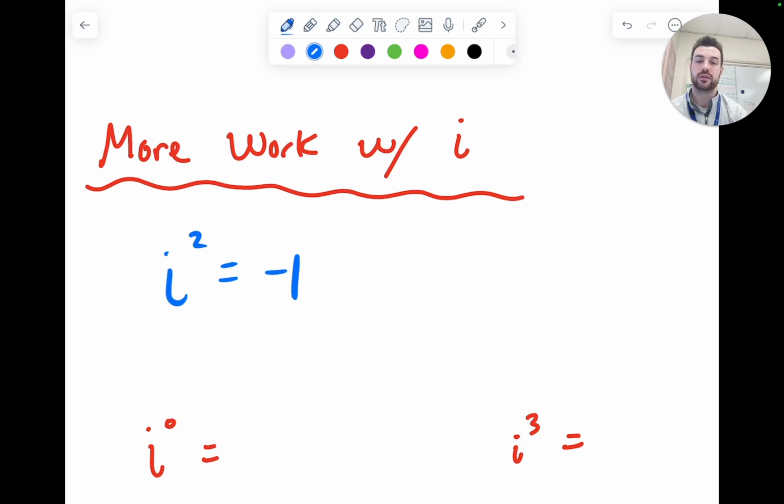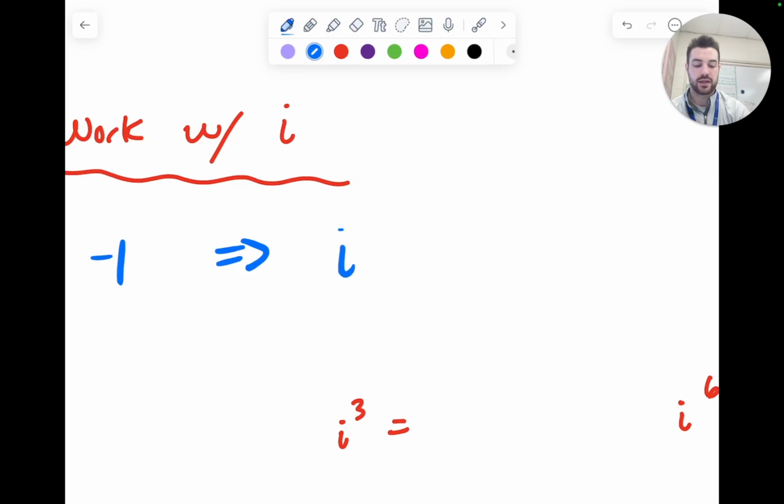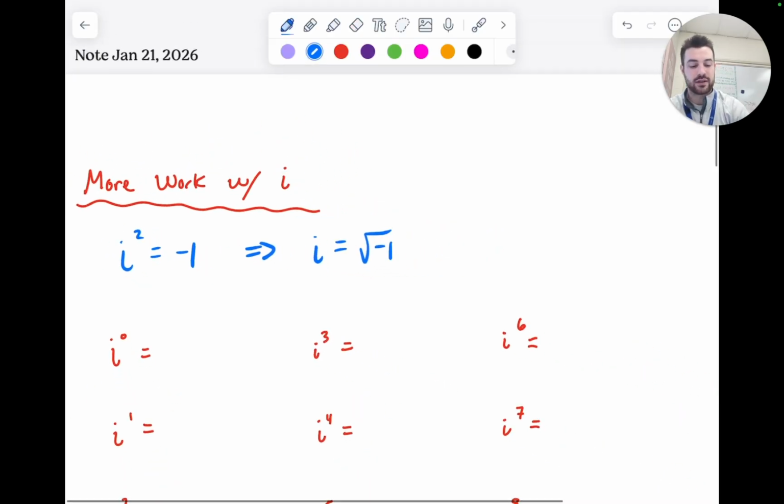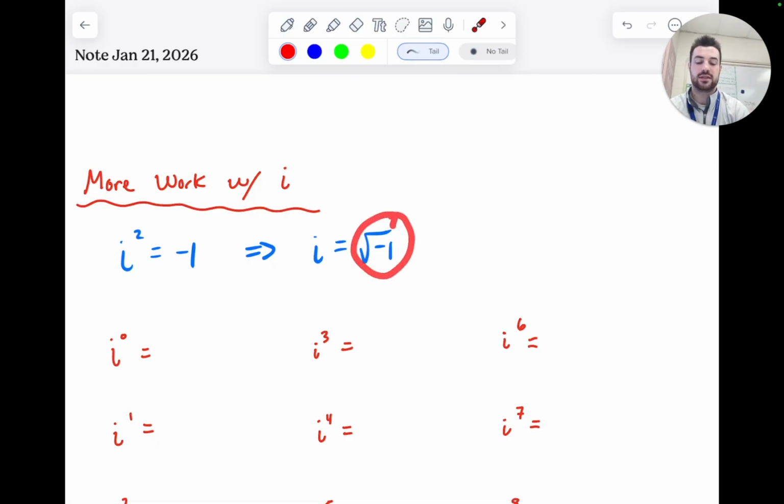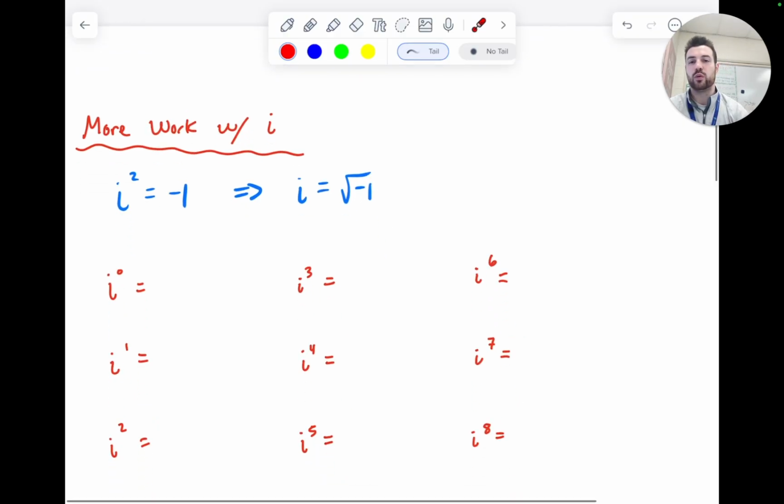Before we dive into the different powers of i, let's remember that i squared is equal to -1, and therefore i itself is equal to the square root of -1. Now, I wouldn't necessarily say that this is more simplified than i itself, so we're going to keep that in mind.